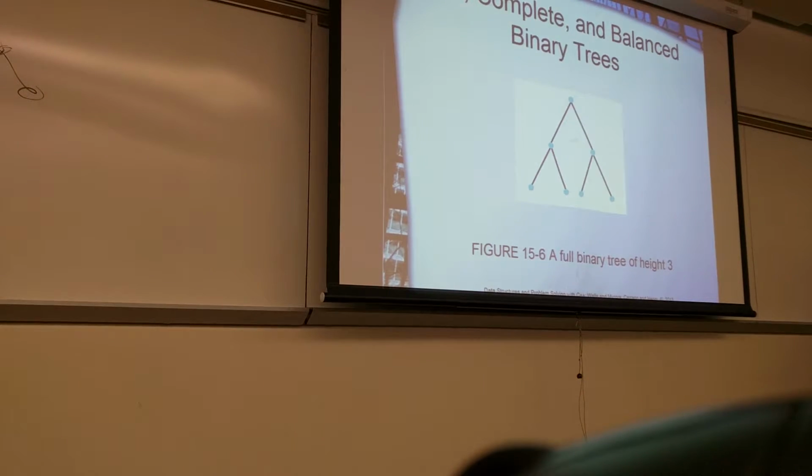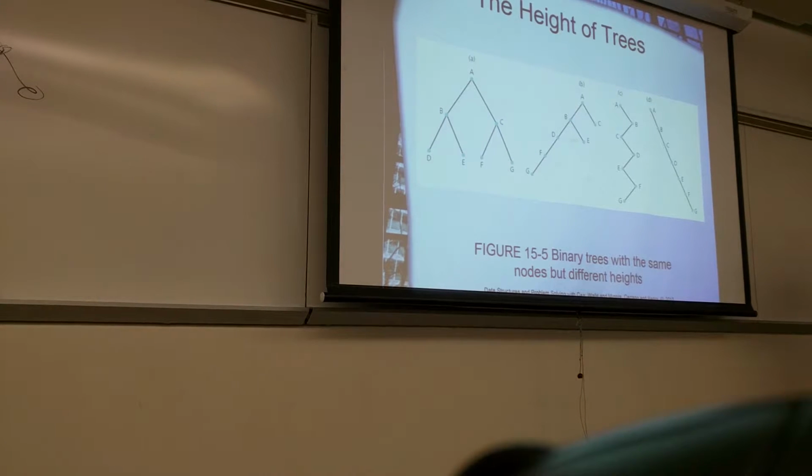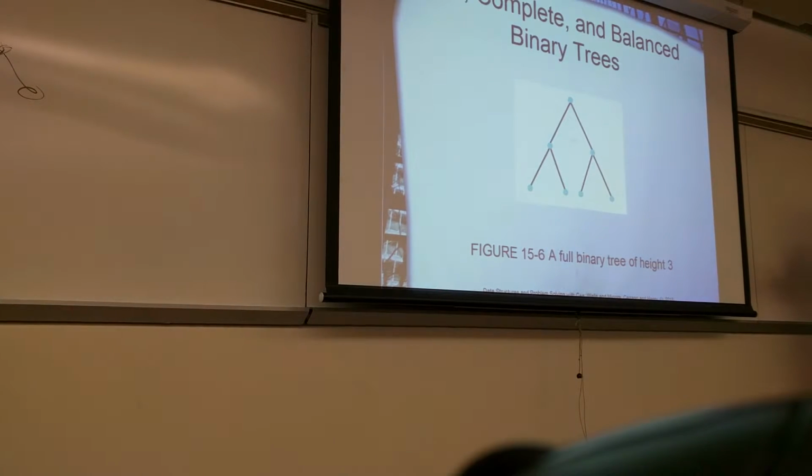Okay, so far so good on height, level, all that stuff, right? So now we're going to talk about full, complete, and balanced binary trees. 3 different concepts. This is a full tree. It's pretty intuitive. Yes. We'll get to balance in a bit.